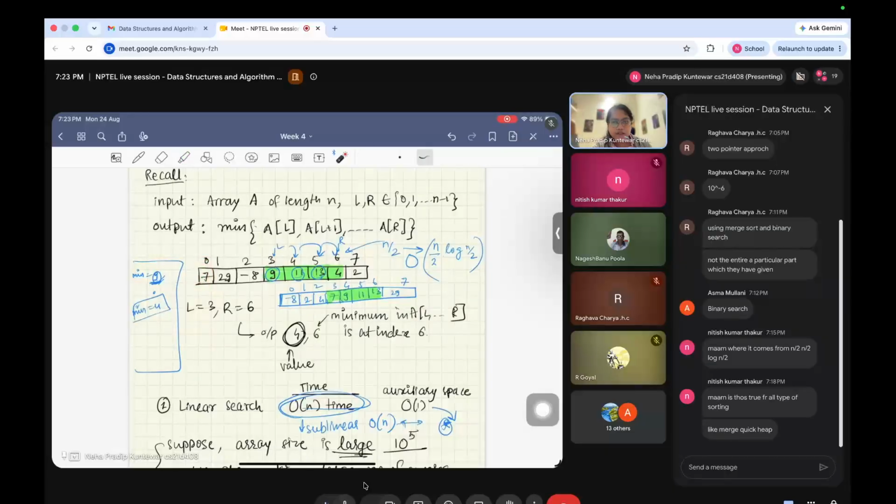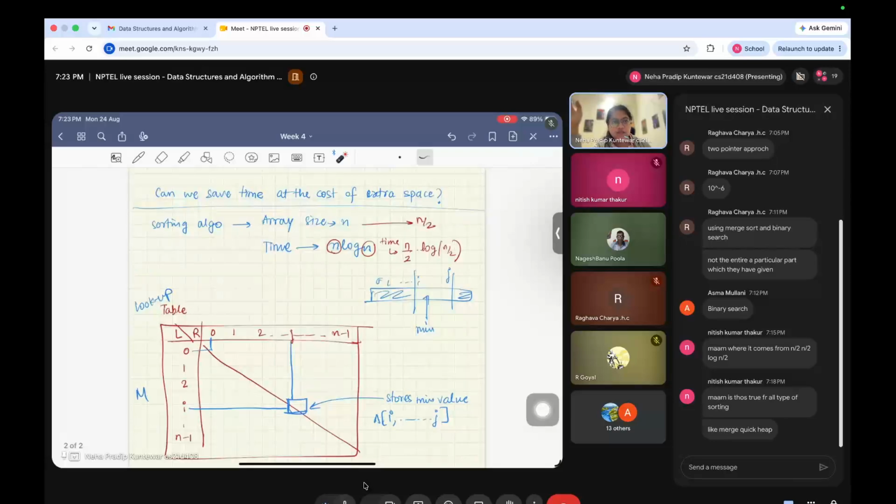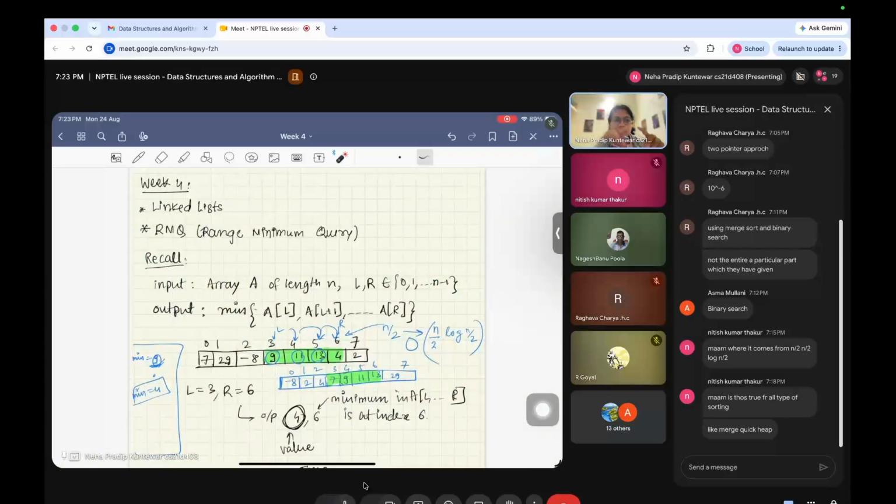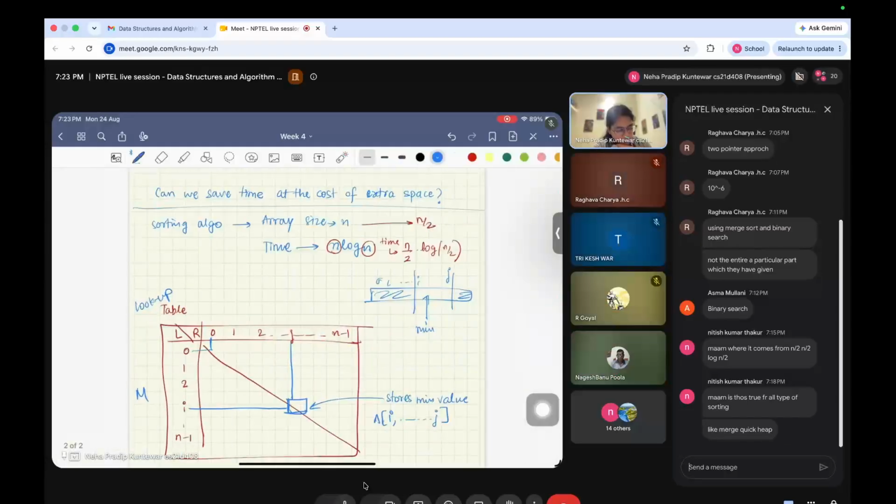So what is the minimum? 7. So this value would just be the A0 entry. This will be A0 and this will be A1, A2 and so on. Right, diagonal entries have been found.